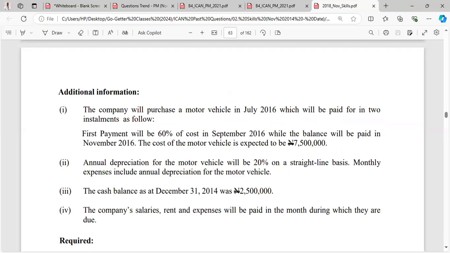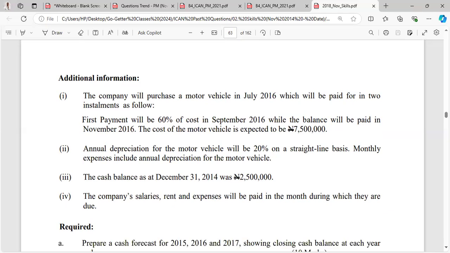The cost of the motor vehicle is 7,500,000. Annual depreciation of the motor will be 20% on the straight line basis. Monthly expenses include annual depreciation of the motor vehicle. Cash balance as at December 31, 2014 was 2,500,000. The company's rents, expenses, and all that will be paid in the month in which they are due.